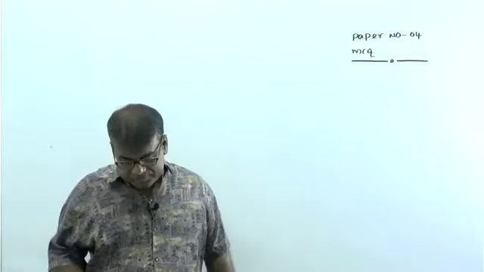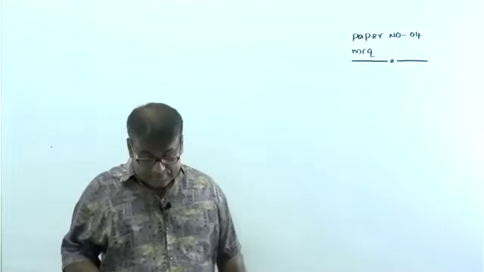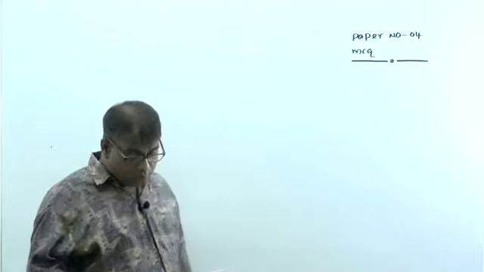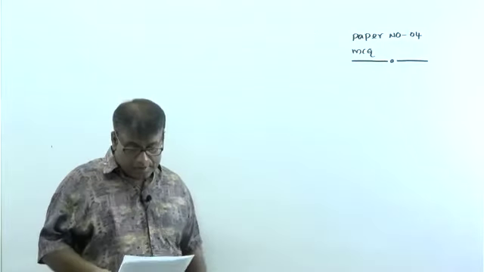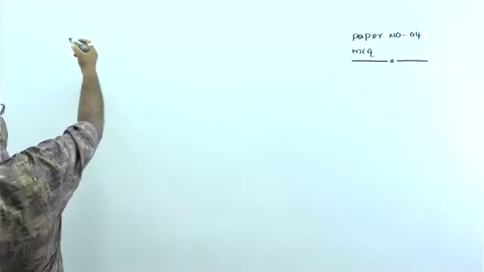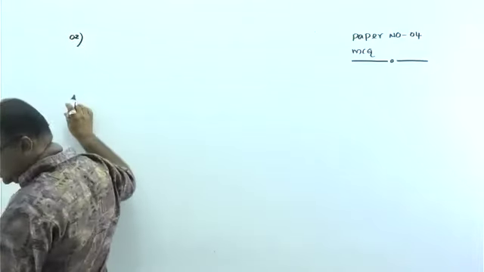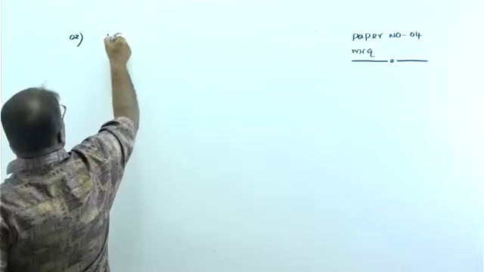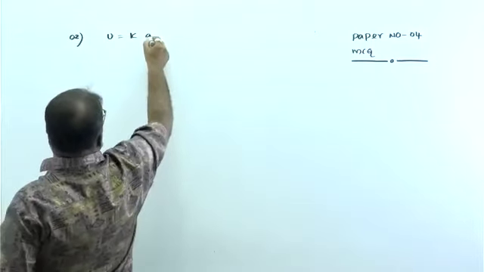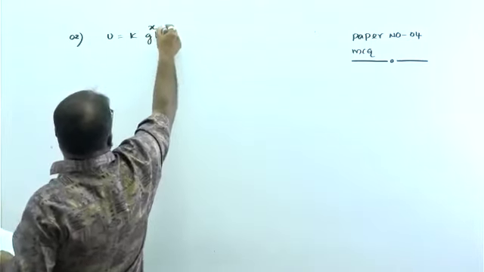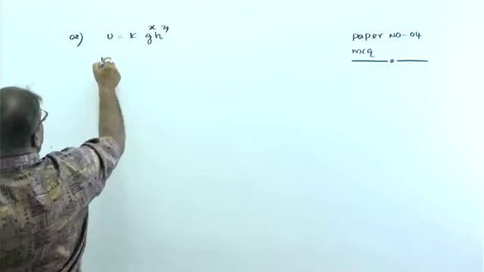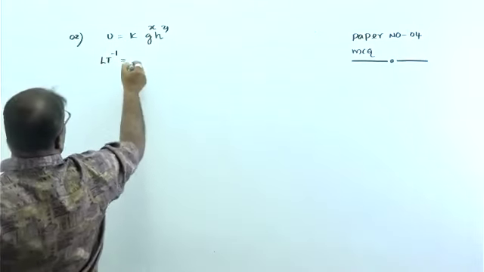Question number 2. The wave velocity of a certain wave is given by V equals K G H to the power of X and Y. Velocity has dimensions LT minus 1.